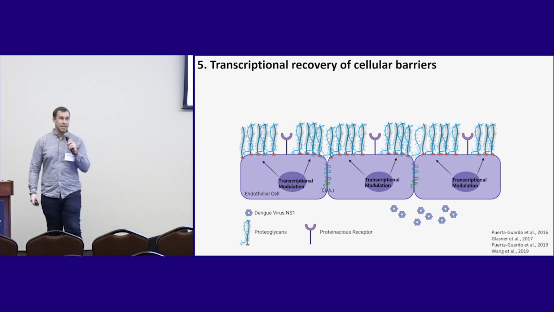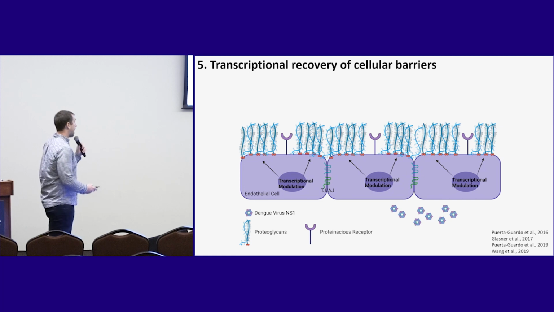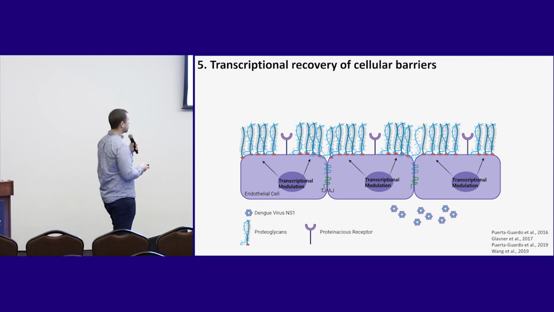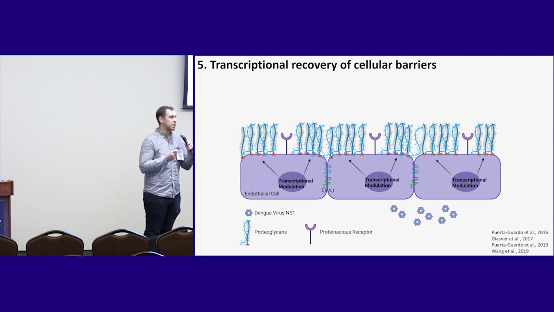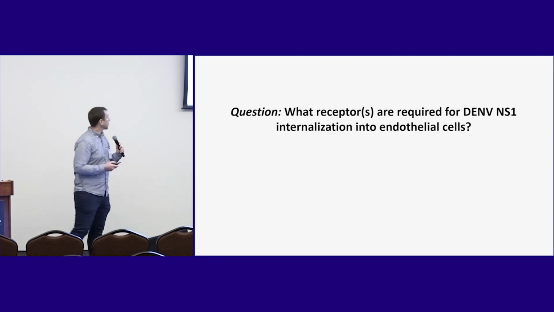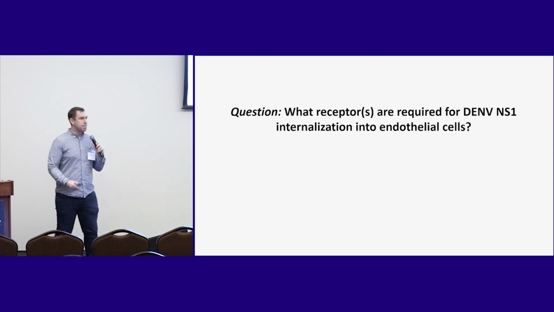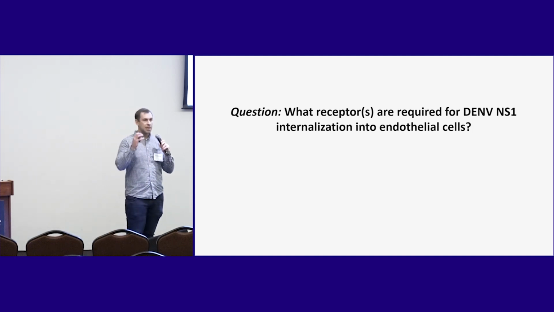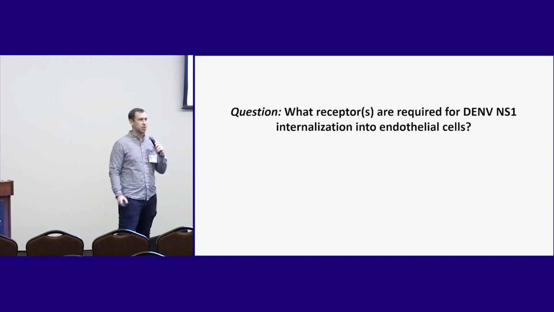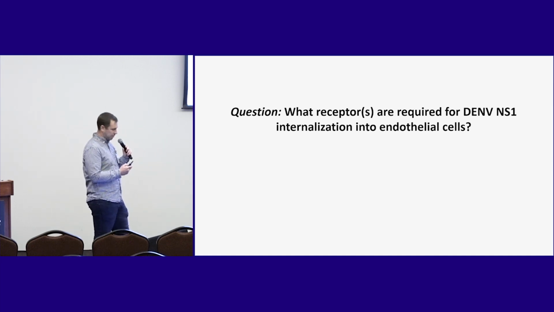Now, the cells do not die when they experience this dysfunction. It's actually a reversible barrier dysfunction in which we can track a transcriptional response that leads to recovery of this pathway. So as I mentioned before, the main question that I wanted to ask for this project was what are the receptors that lead to clathrin-mediated endocytosis of NS1 into these endothelial cells?